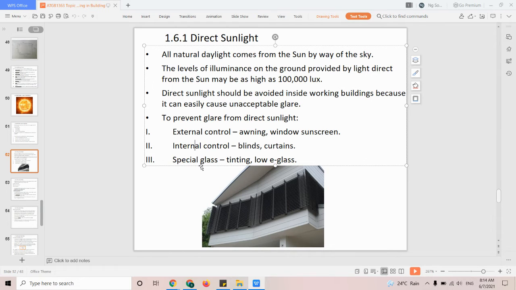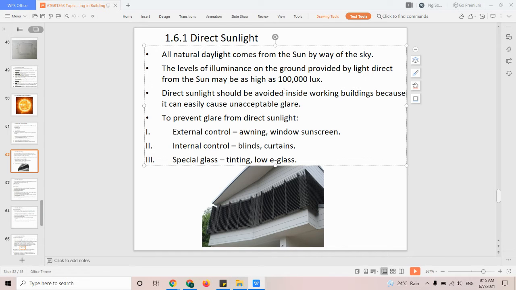So finally, we have your special glass. We have tinting or low E glass. So all of these additional protection will not allow direct sunlight into the room.